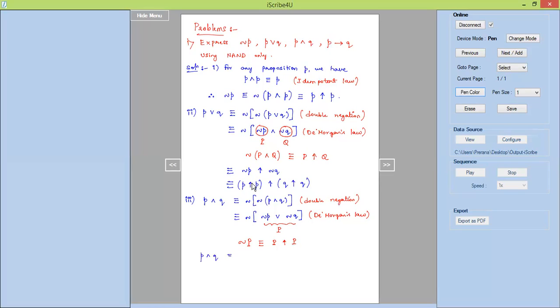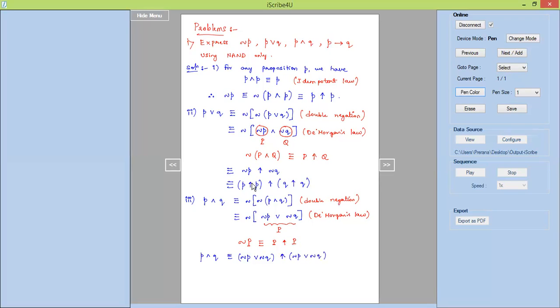P and Q is logically now equivalent to, we have to now express in the form P NAND P. P is nothing but the entire big bracket, what you can see in the previous step. So it is negation P or negation Q and the same thing, negation P or negation Q.